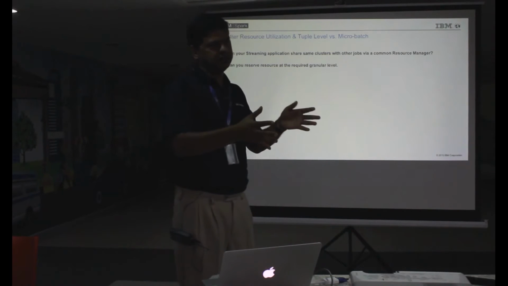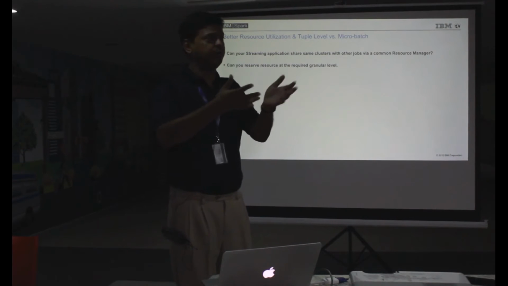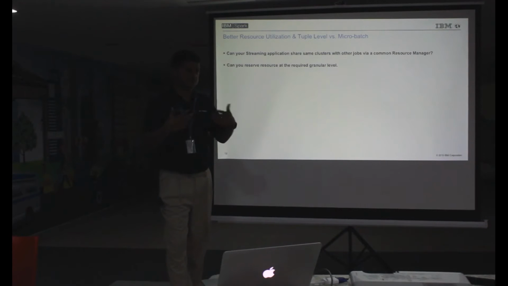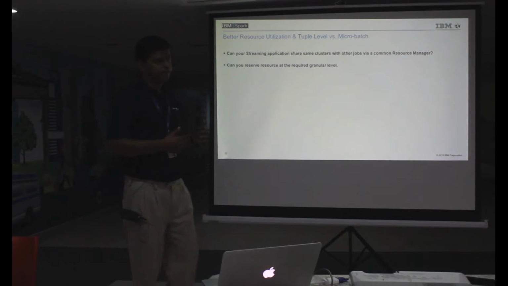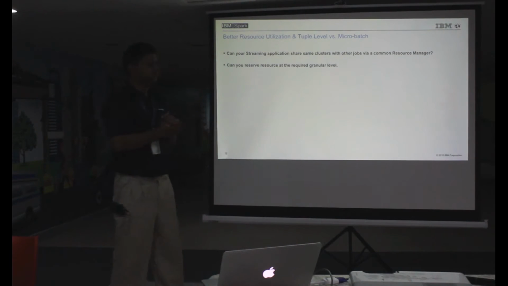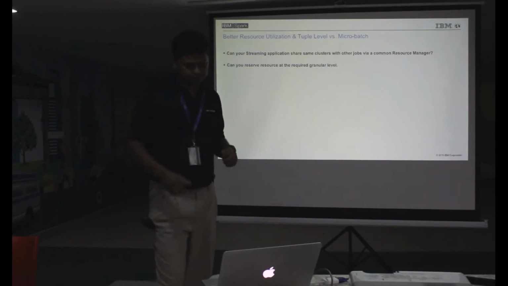I have a cluster, and each application on it is going to have varied processing requirements over a period of time, but I want all of them to utilize the same cluster at max. Can whatever streaming system you're using ensure that? It also points down to your scheduler and resource manager: can you allocate up front for each of your processes a fixed amount of processing, memory or whatever? Can you do it at that granular level?